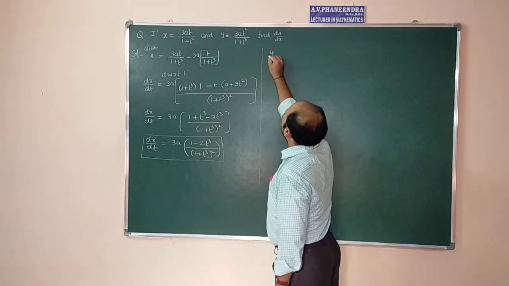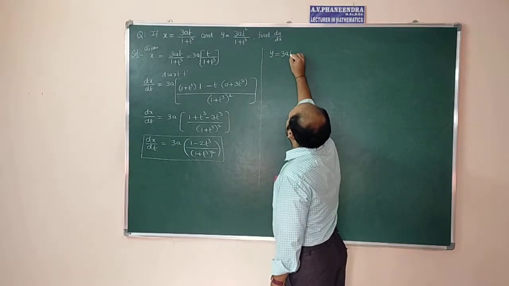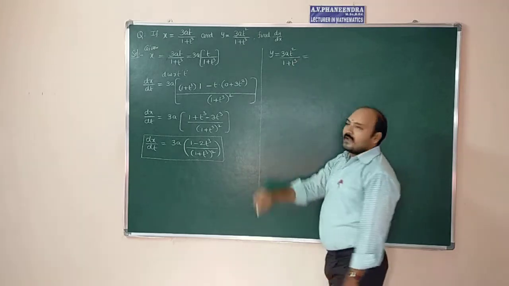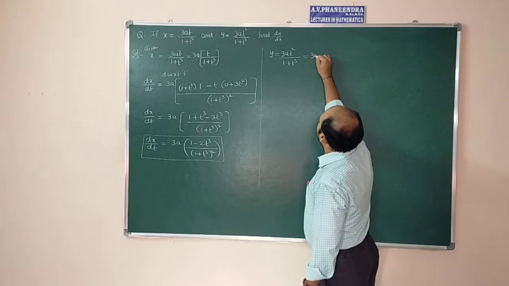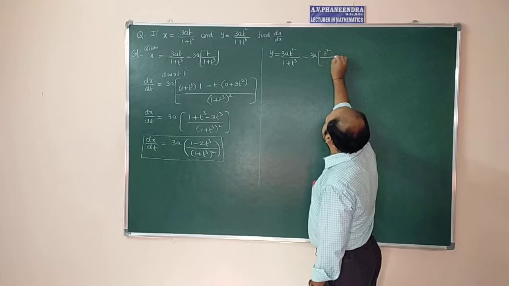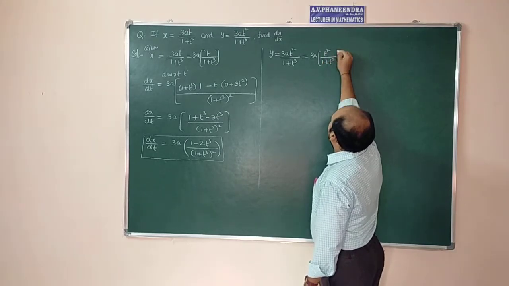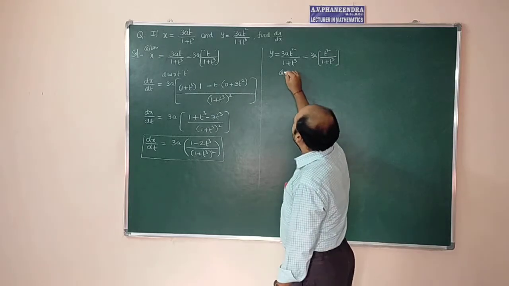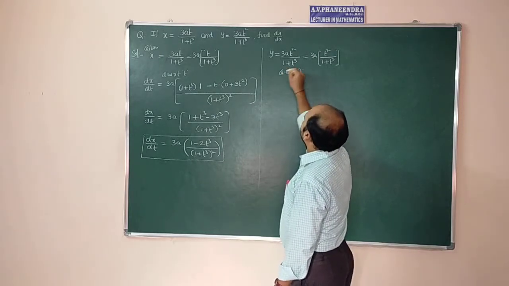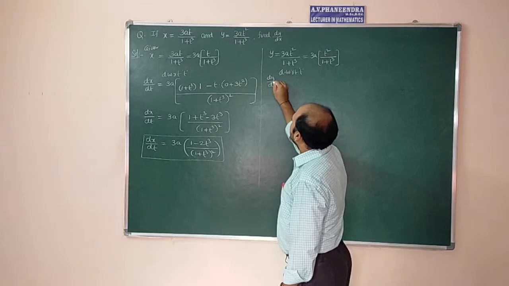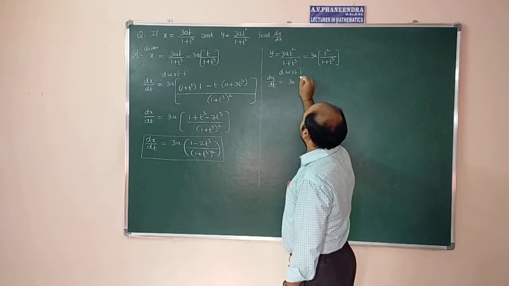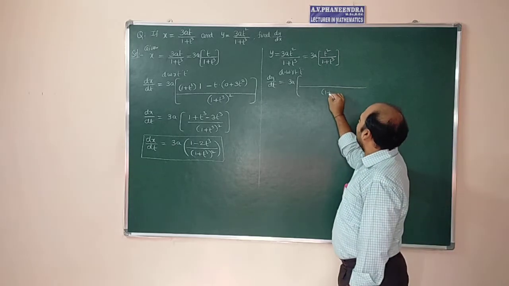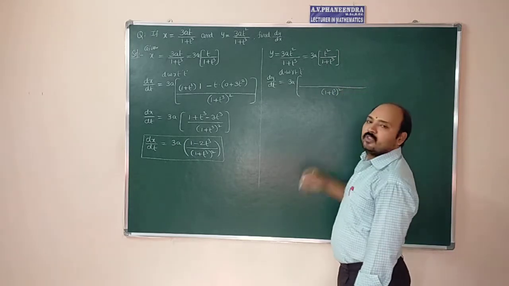So y is equal to 3a into t square divided by 1 plus t cube. We can write it as 3a constant outside, and the rest of the term is t square by 1 plus t cube. Again here you have to apply the u by v formula. So differentiate with respect to t. dy by dt is equal to 3a into u by v formula. Denominator v square, 1 plus t cube whole square.